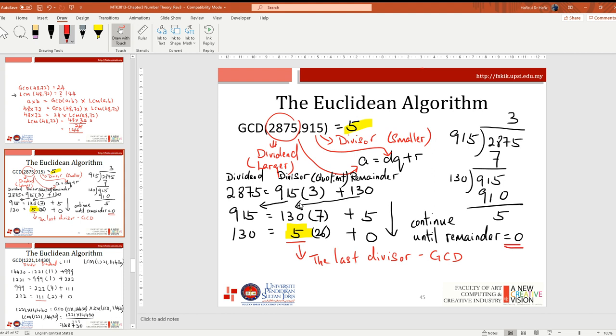Okay, 915 is 3 multiplied by something plus 130, and then 130 is 7 multiplied by something plus 5, and then 5 multiplied by 26 plus 0. 0 is the remainder.